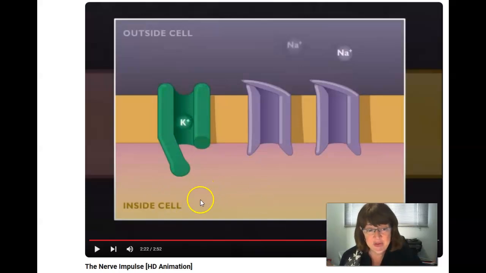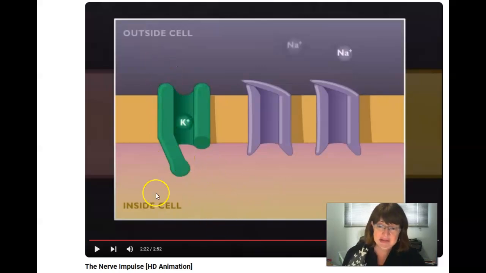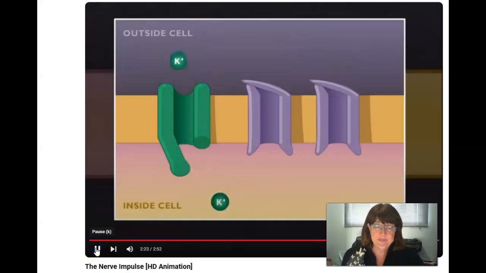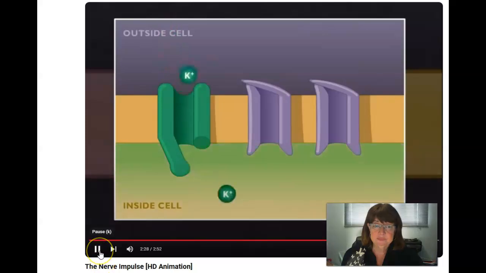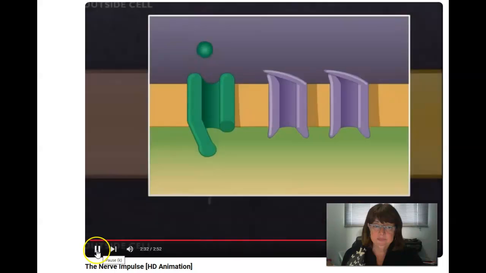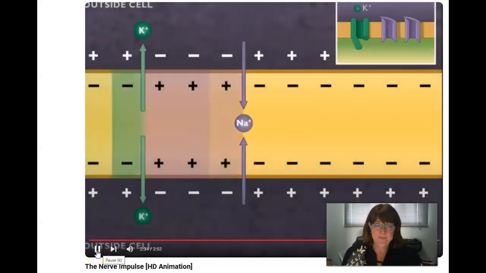And potassium moves from inside to the outside. And by moving a positive outside, it makes the inside negative again. So that's why it's called repolarization. Followed by use of sodium-potassium pumps to fully restore the resting membrane potential and to reestablish proper concentrations of sodium and potassium ions inside and outside the cell.